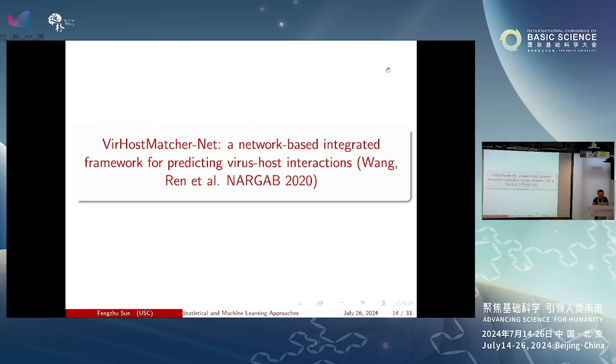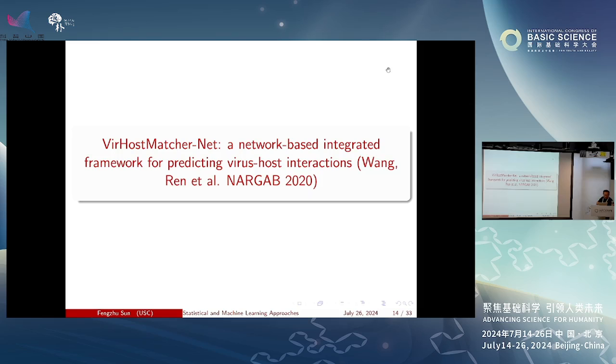Once we identify those viral sequences, the next question is, how do we identify their host? This is an important problem in terms of understanding the dynamics of the microbiome.